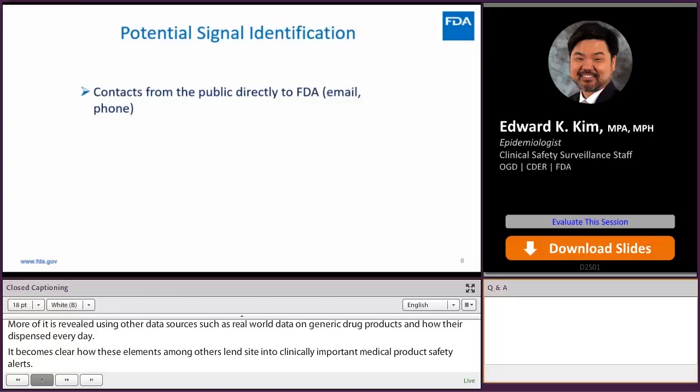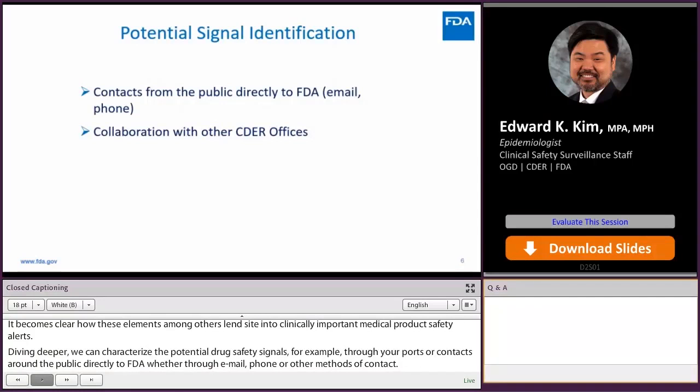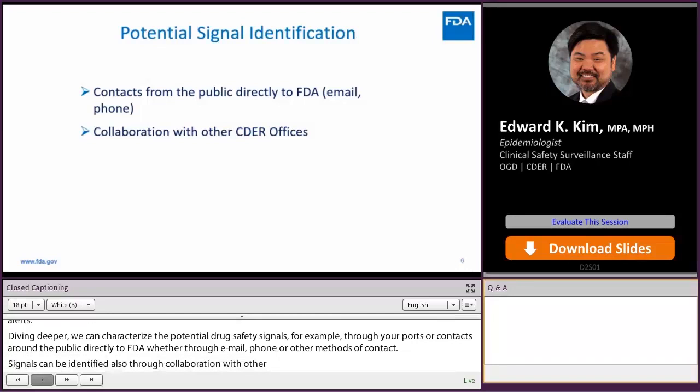Potential signals can be identified also through collaboration with other Center for Drug Evaluation and Research offices, such as Office of New Drugs, Office of Surveillance and Epidemiology, and Office of Pharmaceutical Quality.